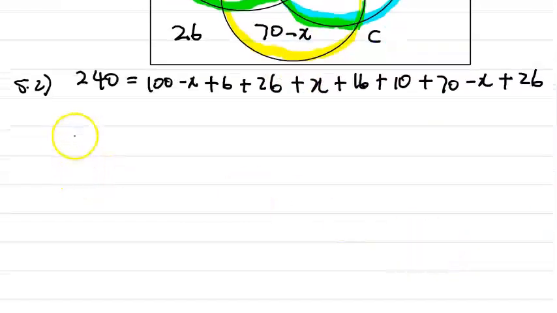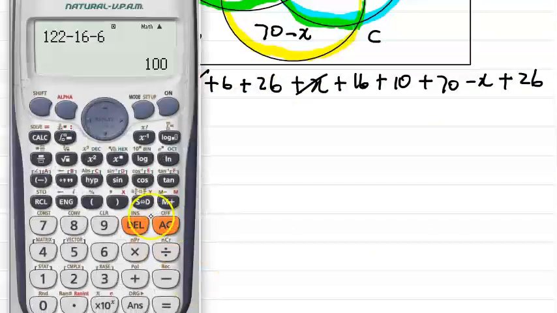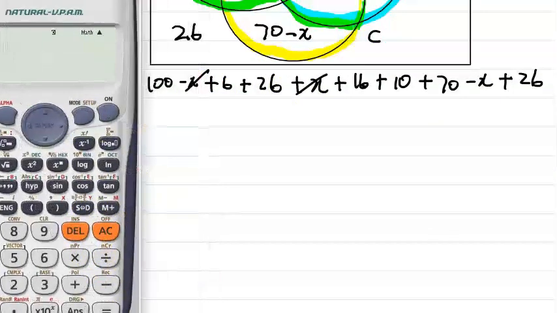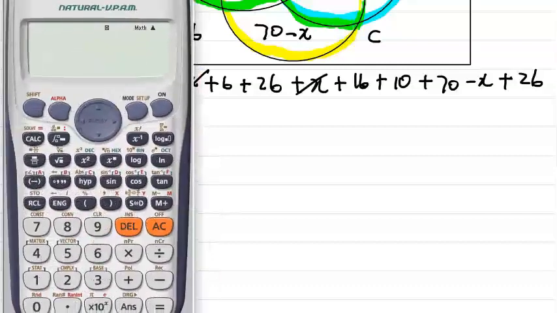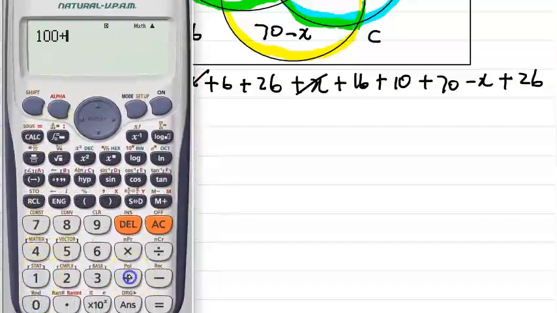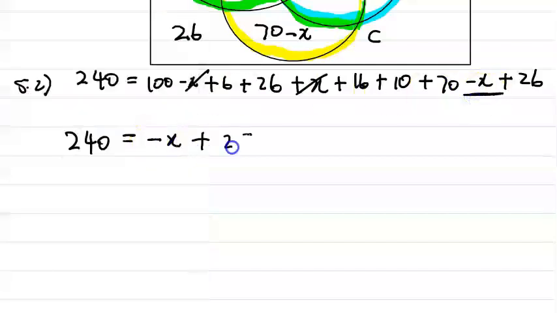And now we're going to solve for x. 240 equals, 2 minus x and plus x is 0. So let's add up everything. So we got 100 plus 6 plus 26 plus 16 plus 10 plus 70 plus 26.